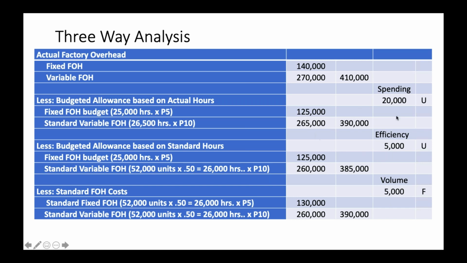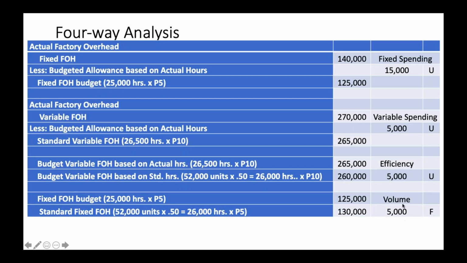Now for the four-way, we just simply divide this 20,000 into fixed and variable. For the efficiency and volume, it's just the same, 5,000, 5,000. For the spending, the fixed spending variance is 15,000. The variable spending is 5,000.